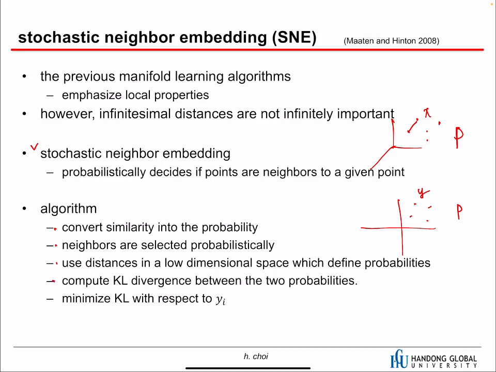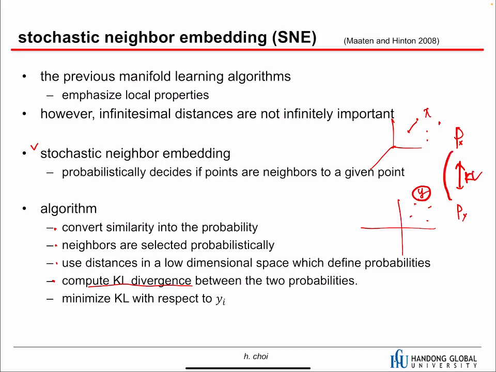And then we actually compare this probability, and we can actually measure how similar these two probability distributions are, right? So to measure that, we use KL divergence. So we compute KL divergence between the two probabilities, and then we minimize KL divergence with respect to y sub i. So we actually change this y to make this distance minimized.